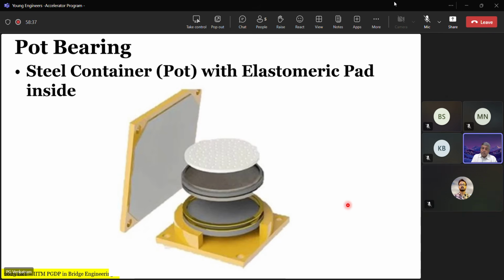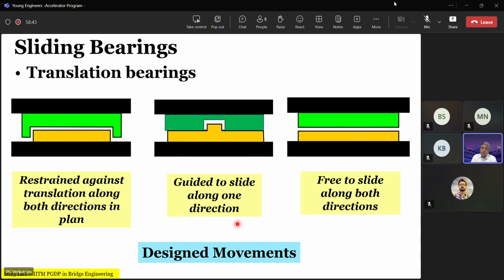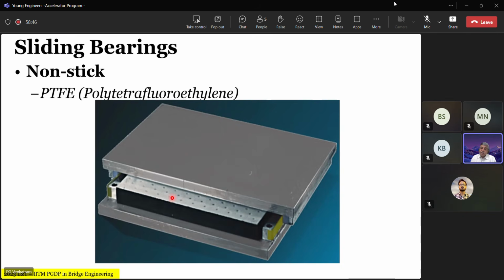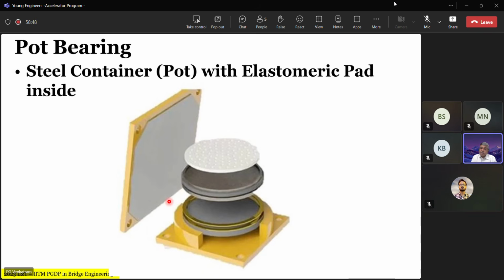Now you will ask, the vertical load is being transmitted by the elastomeric disc here. Vertical load is also transmitted through this elastomeric pad. Then what is the difference between them? Between the behavior of this elastomeric disc and the pure elastomeric bearing, is there a difference?